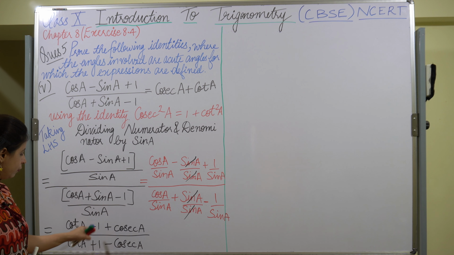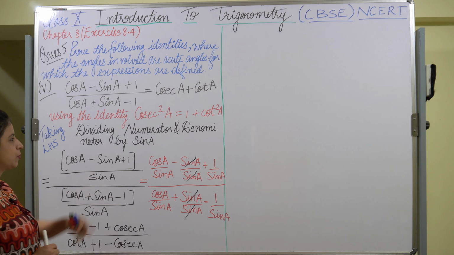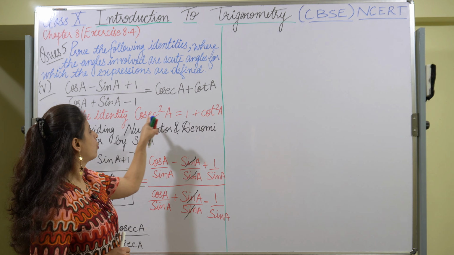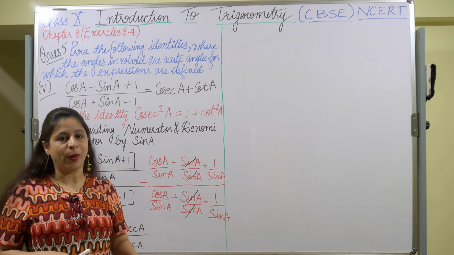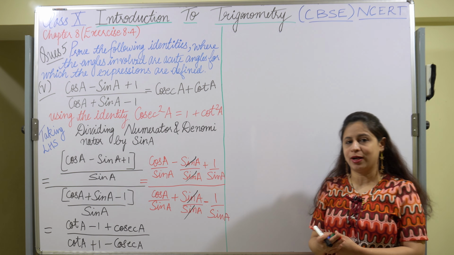Now this 1 can be replaced by cosec square A minus cot square A. Okay, because we need to use this identity only. There are three identities, but we need to use this identity only, as in the question itself it is given to us.